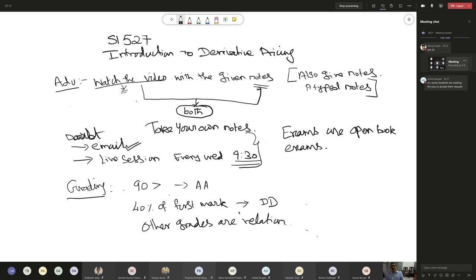But you are not supposed to chat with any student. That's the only thing. Even if you want, you can Google and get the answer from Google, and write it and get your marks. Anything you want to do, you do, but don't discuss with your friends during the exam. That is the only restriction I'll put.